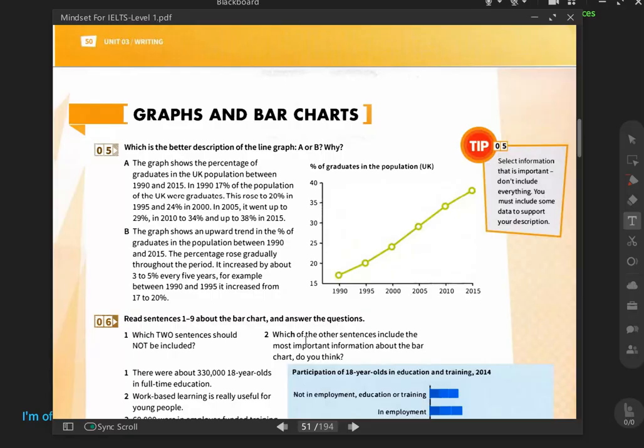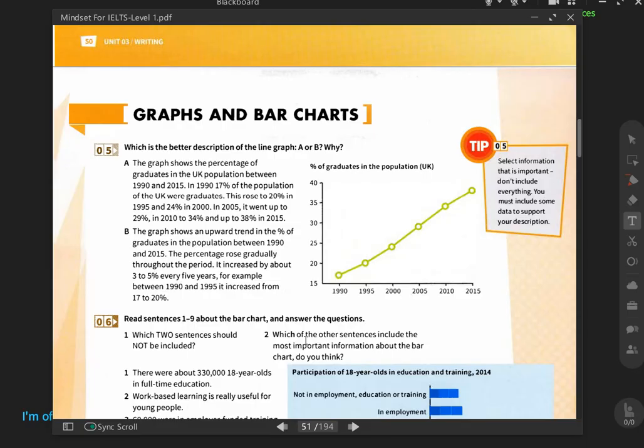This rose to 20% in 1995 and 24% in 2000. In 2005, it went up to 39%, in 2010 to 34%, and up to 38% in 2015. This is about A. Now B.